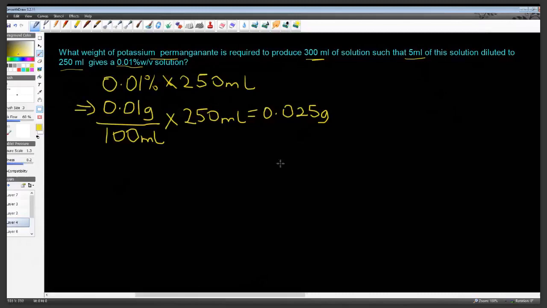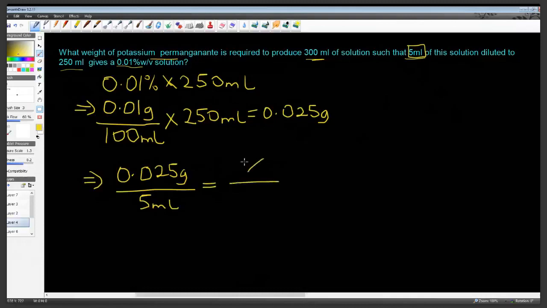So what this means is the 5 ml that we added contains the 0.025 grams. So we can go ahead and set up a ratio saying that 0.025 grams is contained in 5 milliliters. What you also want to do now is figure out what quantity will be required to make the 300 milliliter solution.